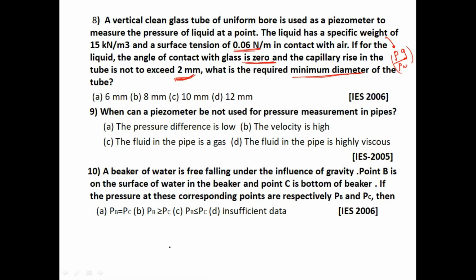For the surface tension problem, if you remember the capillary height formula, 4 sigma cos theta divided by rho g d, good; otherwise you can solve it, it is not a big deal. Whoever does not remember can solve it this way.